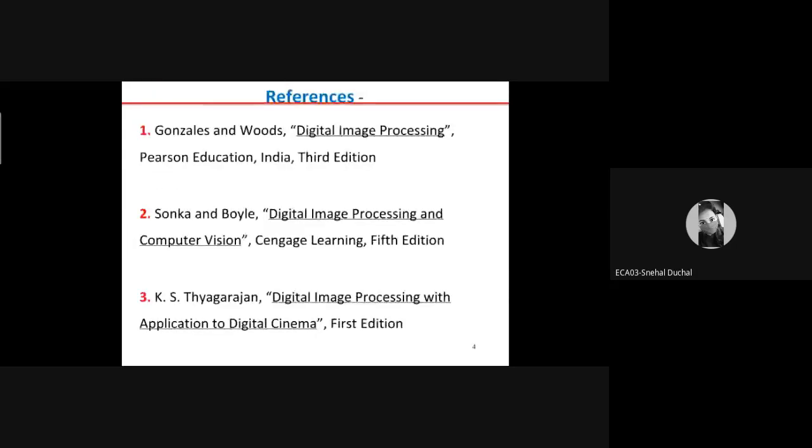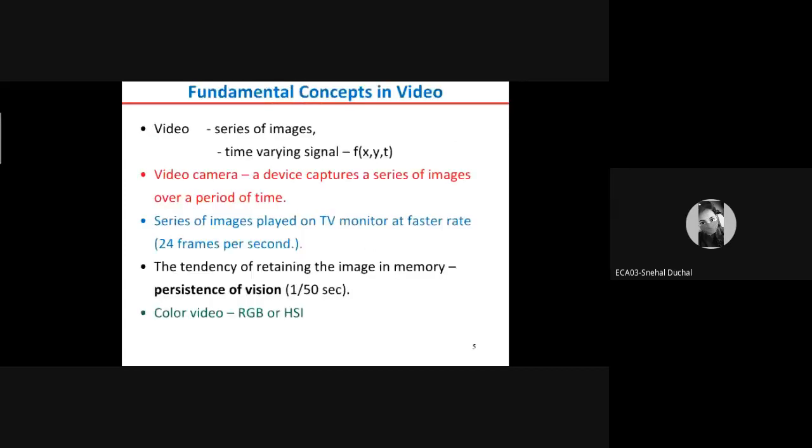For this part we can mention a number of books: Gonzalez and Woods, and the third book by KS Thyagarajan, in which we can find the syllabus of image and video processing.